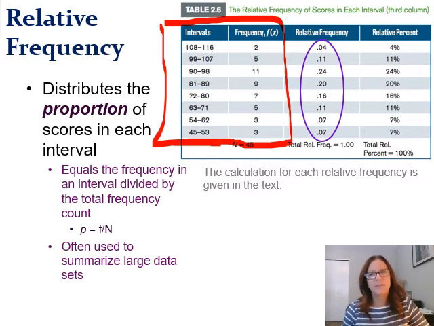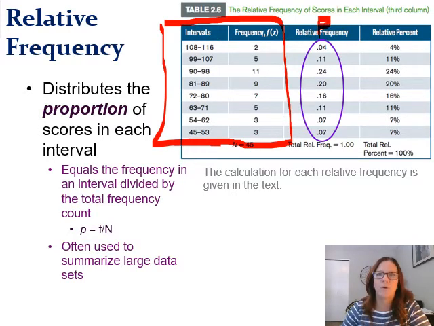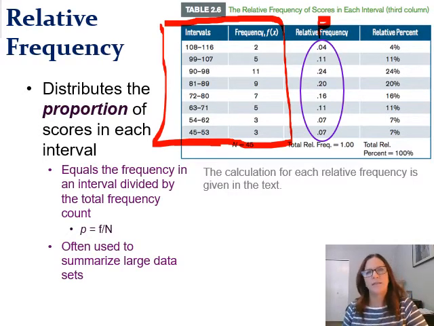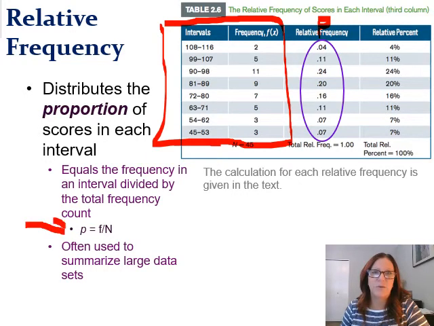So relative frequency, in my mind, is easier to just think of as P, or proportion. Right now they're talking about relative frequency, but later on in the semester it's automatically known as lowercase p, which equals proportion. And to get proportion, or relative frequency, you basically take the frequency of that score and divide it by how many scores total there were in the entire study.